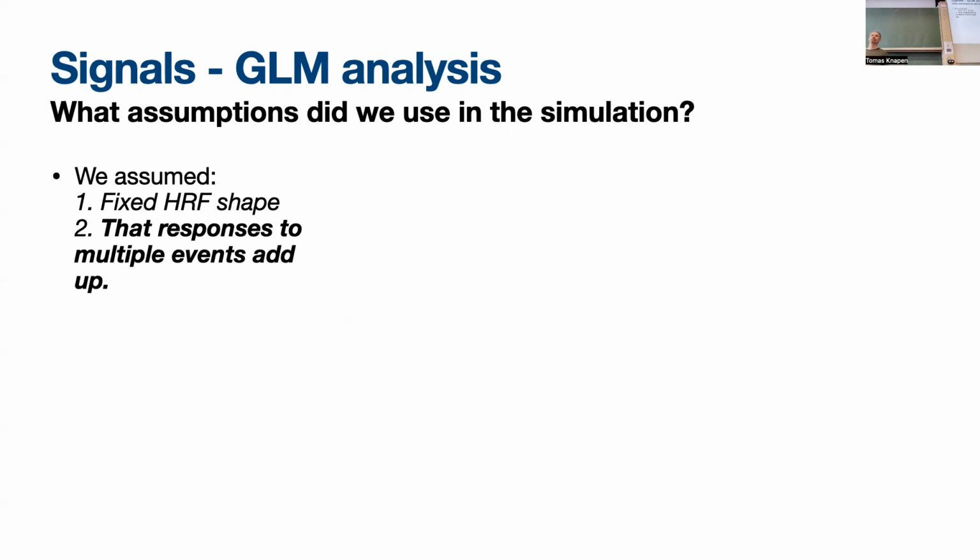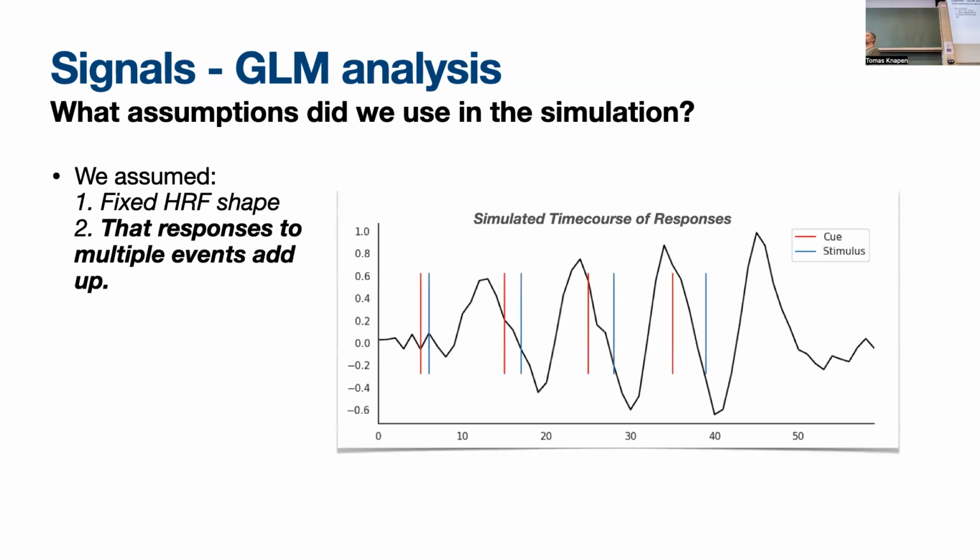We also assumed that when we have multiple events lined up closely in time and their responses overlap, we don't have to do anything very complicated. We can just sum them all up. So those are the two assumptions. We can use a fixed shape all the way. And whenever we see this type of thing happening close together, we can just sum the responses. And that's what gives us these curves, the black one here.